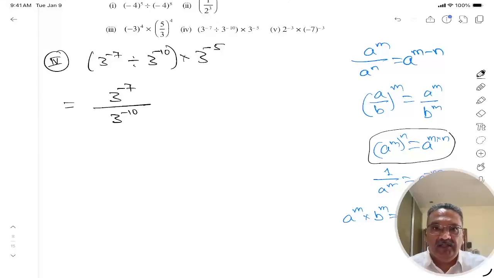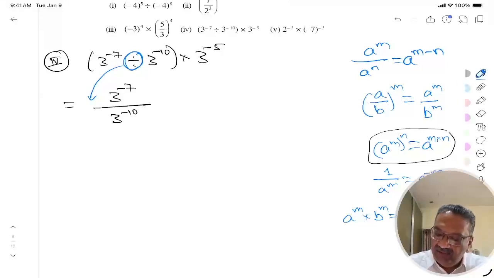So I am just putting this in a different way, into 3 to the power of minus 5.